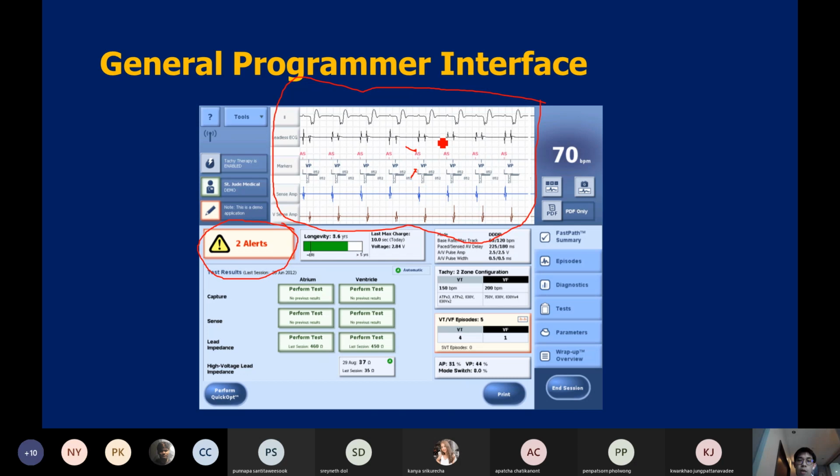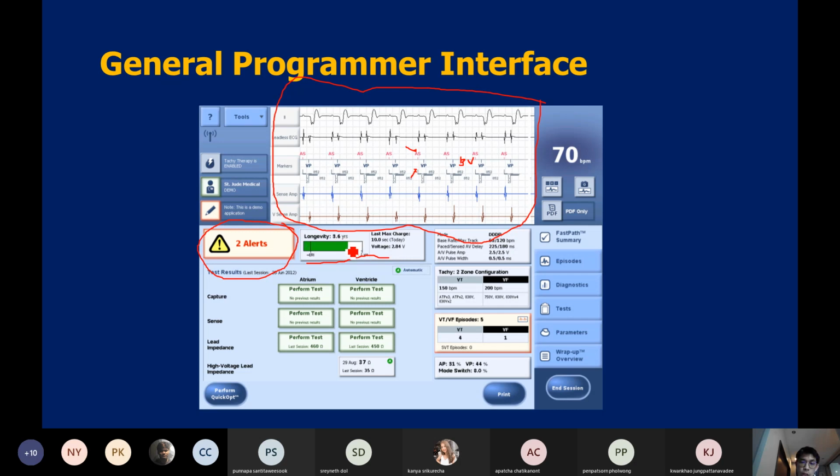If it is CRT, it would be biventricular pacing, and it would be written as BV. And the green channel here is the battery time. It tells you how long the battery will still last. This patient has a longevity of 3.6 years.